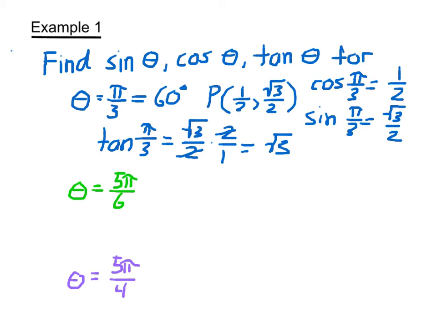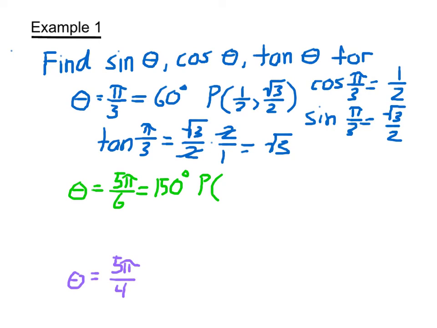The second angle is theta equals 5 pi over 6. We can quickly find that this angle is 150 degrees. Because this is a multiple of 30, I know that the coordinates for this point are going to be a combination of 1/2 and square root 3 over 2, positives and negatives.